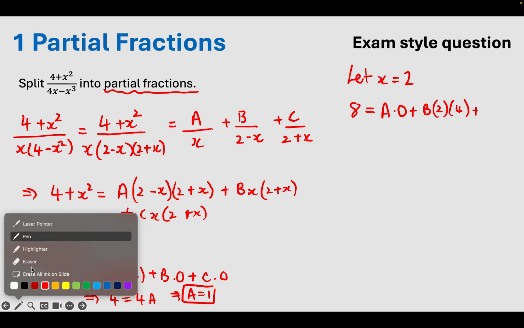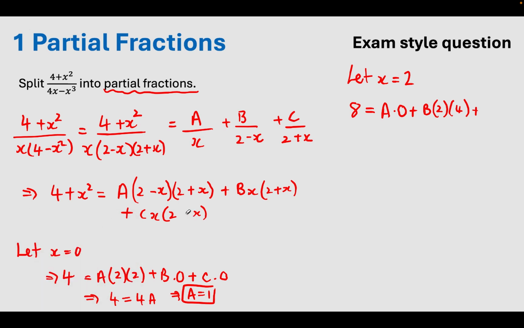This one should be minus, oops, okay, c times 0. You can tell I did that wrong because I knew that I should have 2 being eliminated. So now 8 equals 8b, and b is therefore also 1.